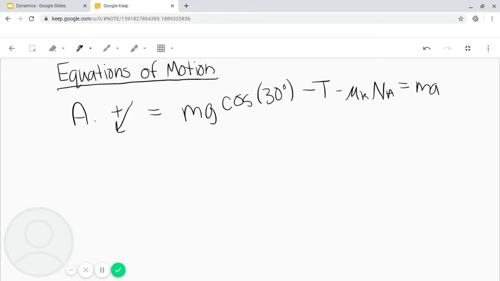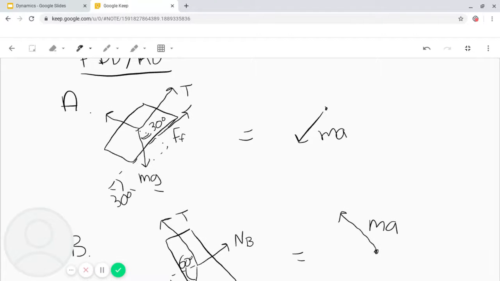And then for our other, it'll be perpendicular to the one that we just drew, and I'm going to label that as positive. So then for that, we have, oops, I forgot to label that. There we go. So we have N A in one direction and mg sine 30 in the other.